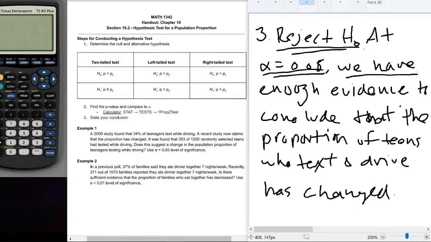Okay, so here we said we have enough evidence to conclude that the proportion of teens has changed. And then this is the last key bit right here. We're restating the alternative hypothesis when we say has changed. Okay, so this is the typical way to format a conclusion. We're going to practice example 2 following this video.